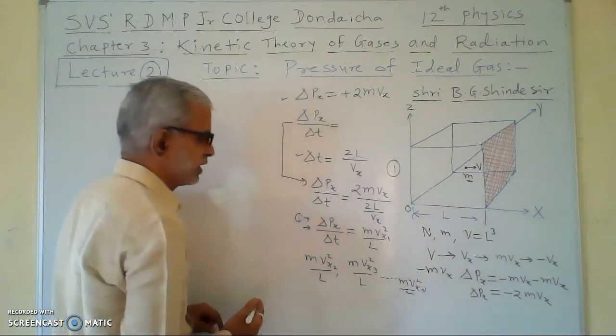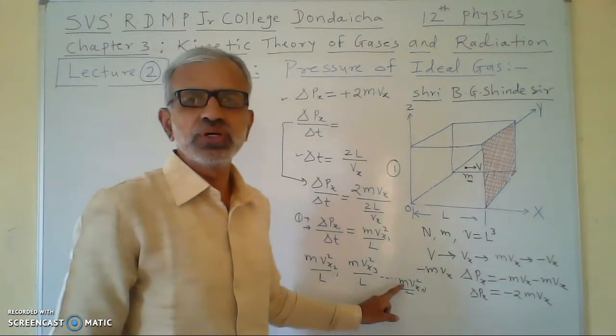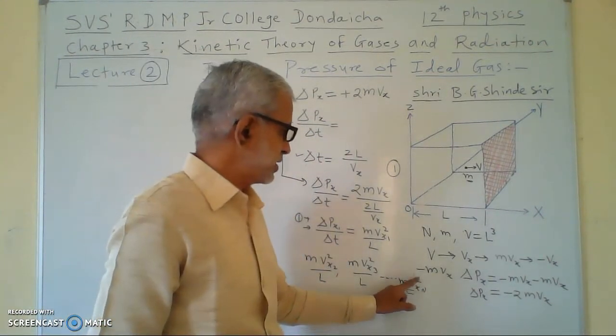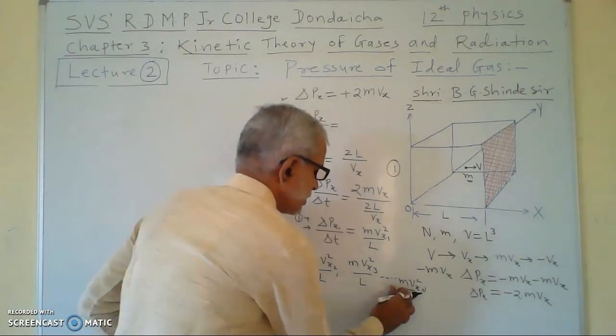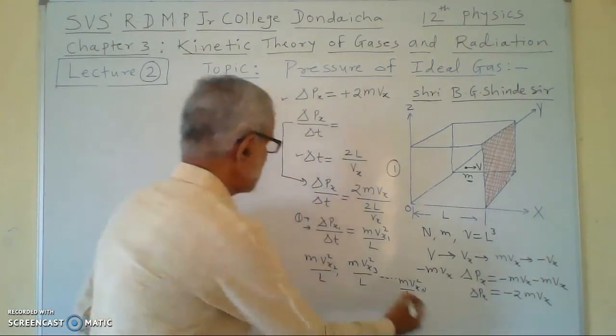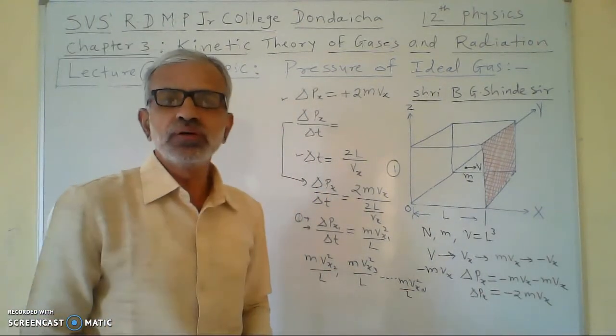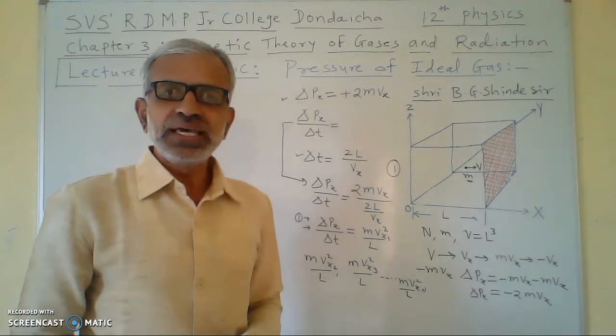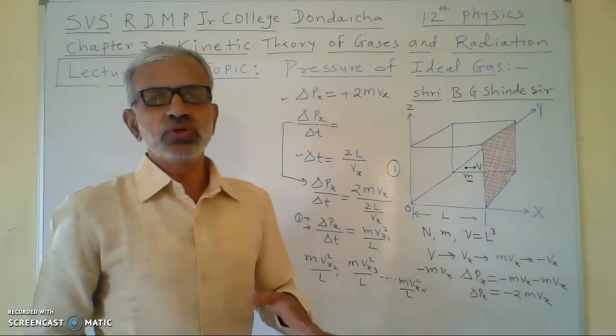We have taken n molecules and therefore we have written m vxn square upon l. So these are the rates of change of momentum of the surface S due to each molecule.